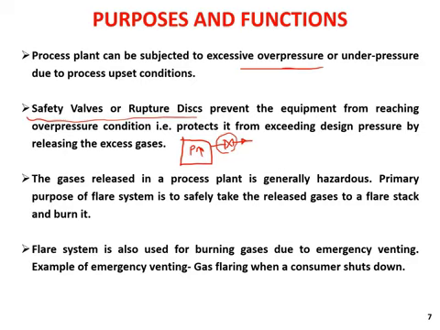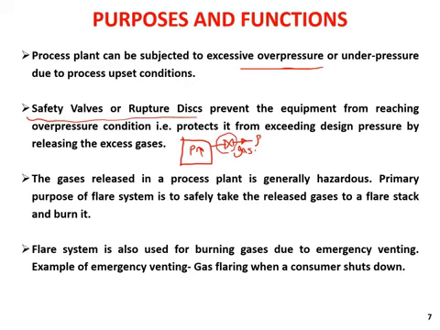Like this reactor here. So what do we have to do with this gas that is coming out from this safety or relief valve? We have to do something with it, right? The best option is to send it to the flaring system, and either we release it like that or we burn it. In most cases we will burn it.